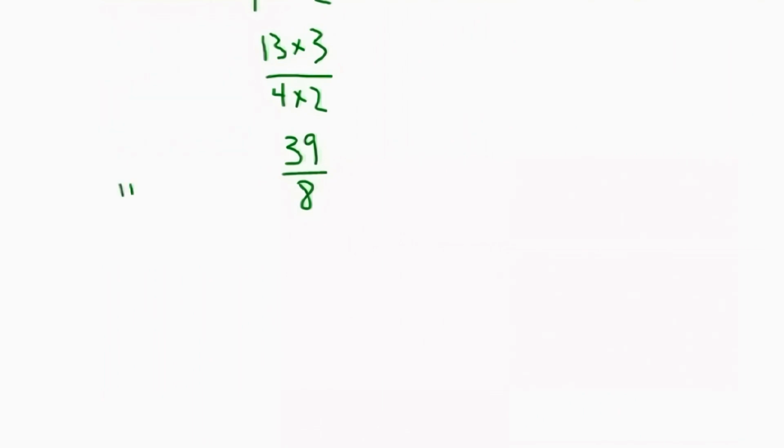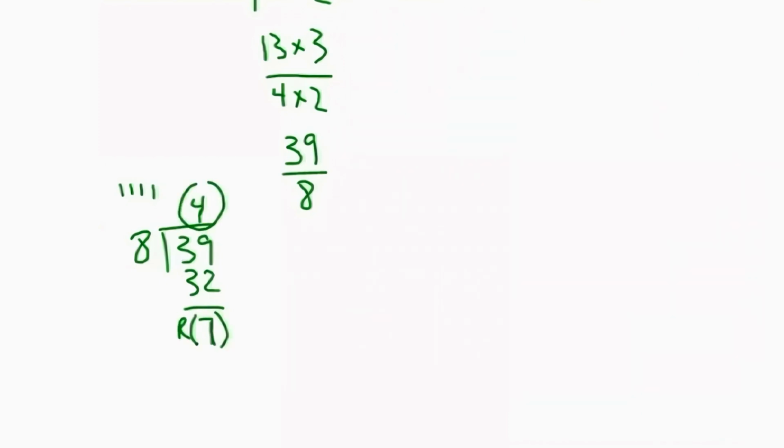So we have 8, 16, 24, 32. So 8 goes into 39 4 times. 4 times 8 is 32, and this leaves us with a remainder of 7. So we get 4 wholes and 7 eighths. So 4 and 7/8 is the answer to the second practice problem.